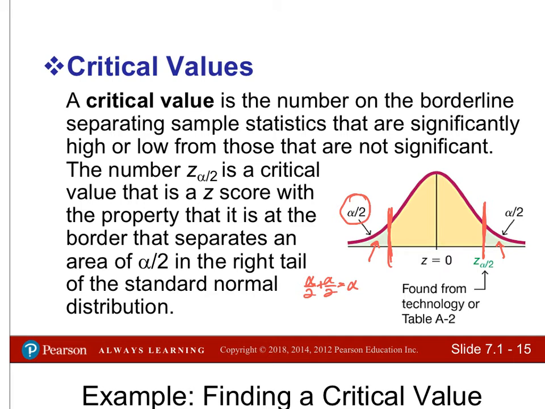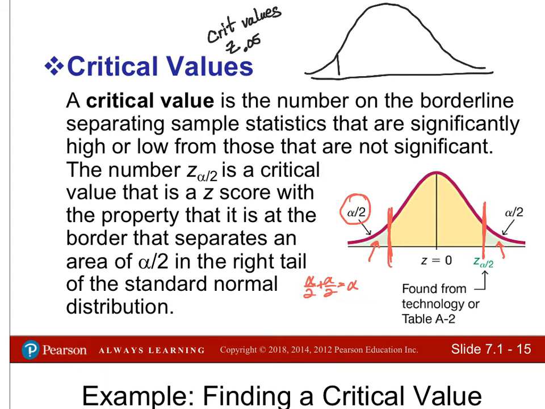So let me just draw you a real picture here. Suppose I want to just draw a picture of critical values, which we'll label this z of 0.05. What are those critical values? Well, I know there's a boundary here, and I know that this area here is 0.05.